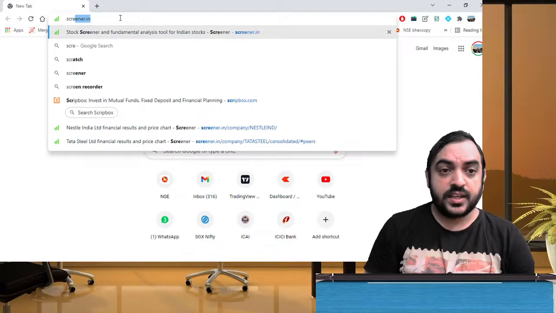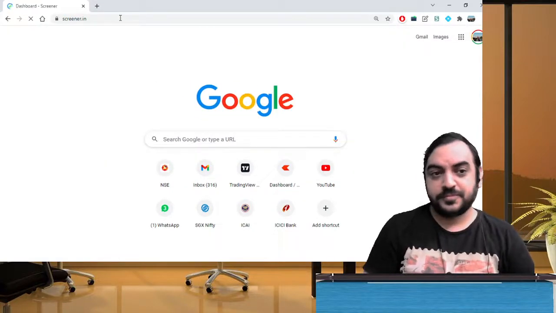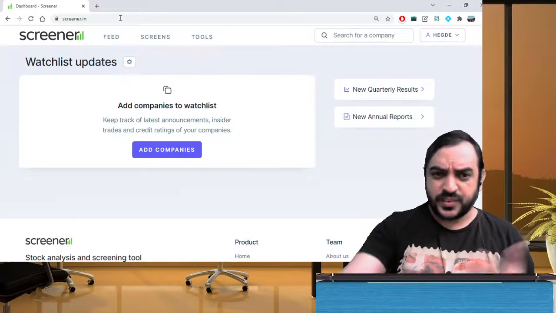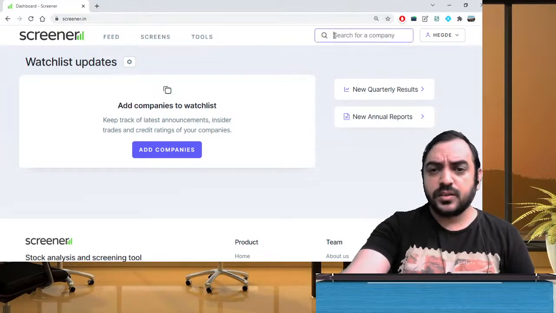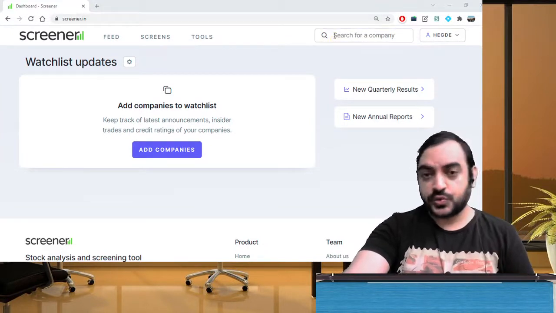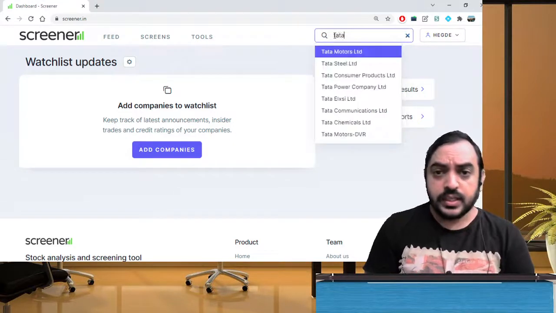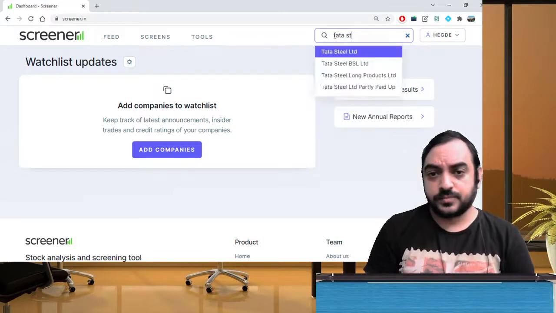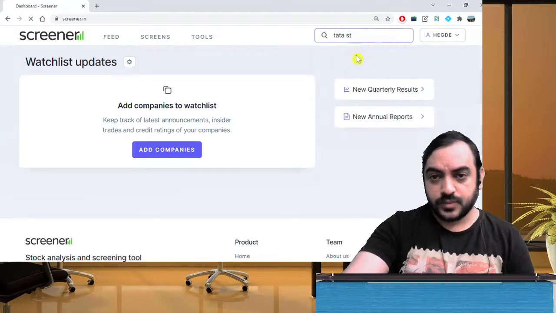I'll go to screener.in. There are various websites. This is one of the reasonably good websites for me to compare various ratios. So I'll use this. Let's say I'll select Tata Steel, steel industry.